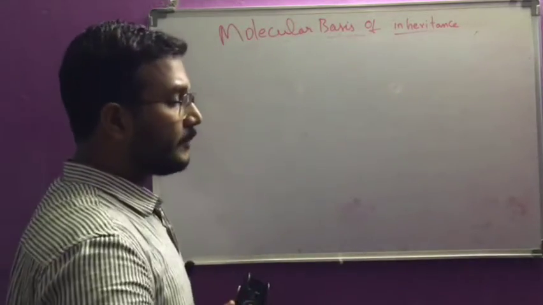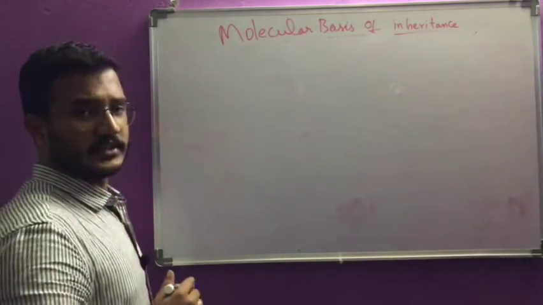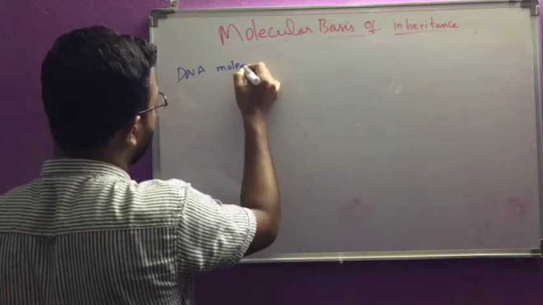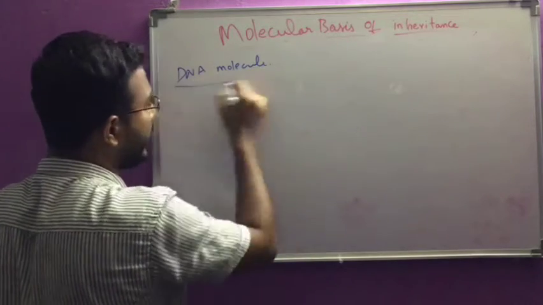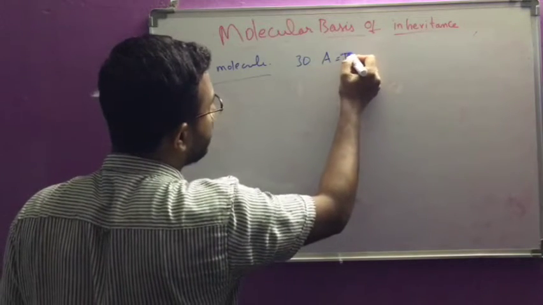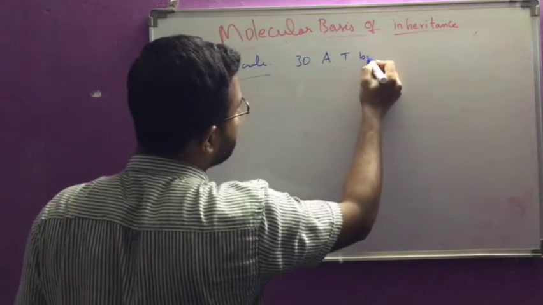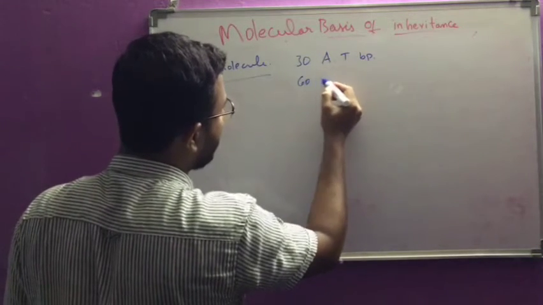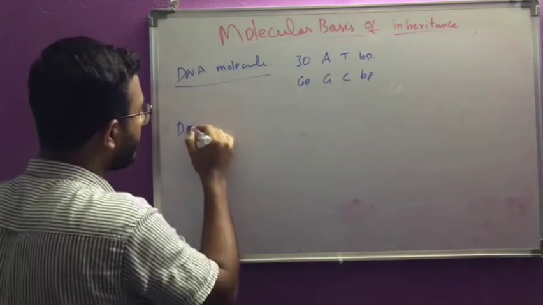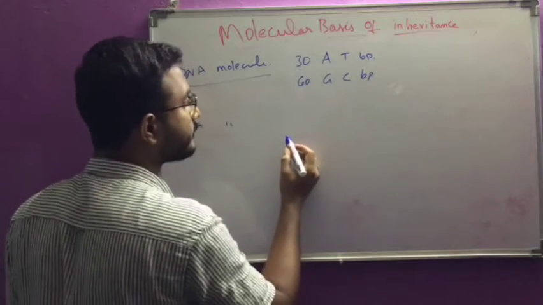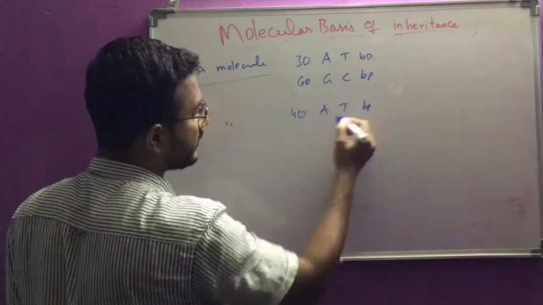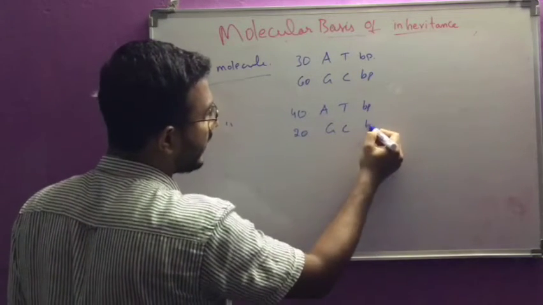Now, in the exam, they can ask a question like this: a DNA molecule contains 30 adenine-thymine base pairs and 60 guanine-cytosine base pairs, and another DNA molecule contains 40 adenine-thymine base pairs and 20 guanine-cytosine base pairs.